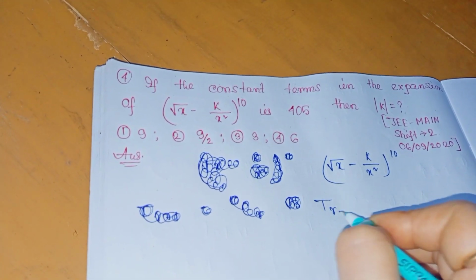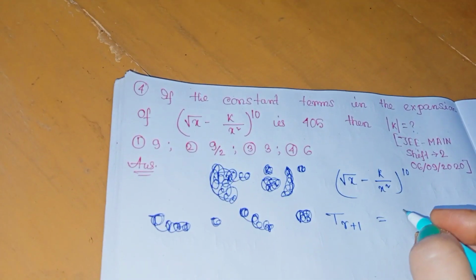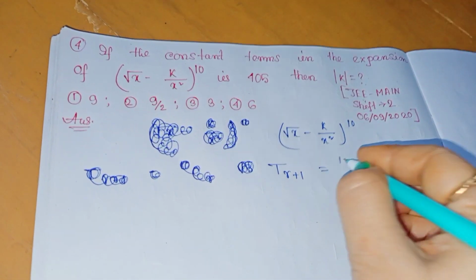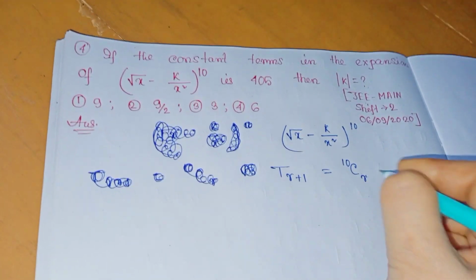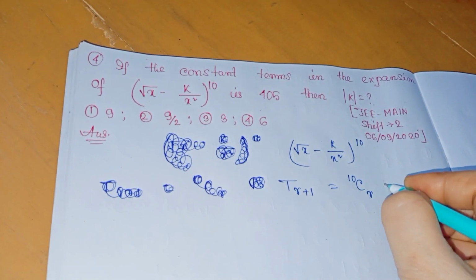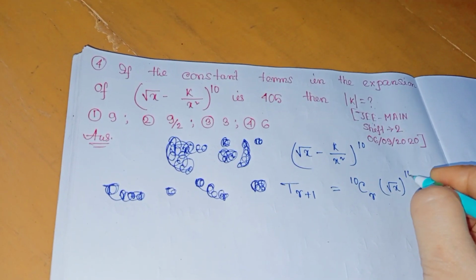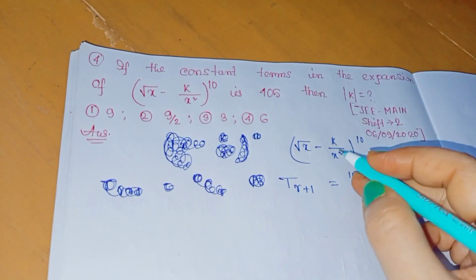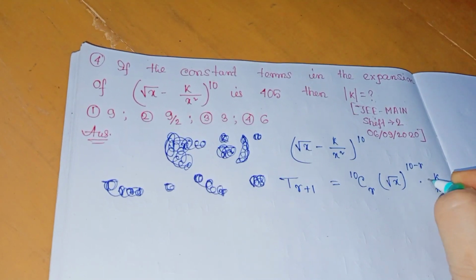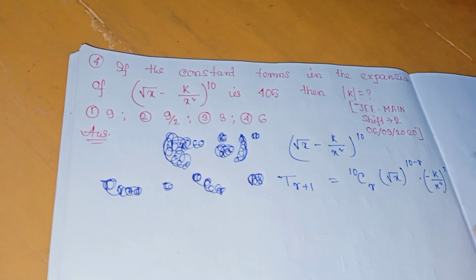It is T(r+1), and applying the formula of the general term, we get 10Cr into the first term, root x whole to the power 10 minus r, into the second one, (minus k by x square) whole to the power r.